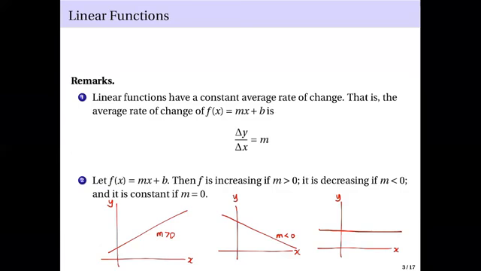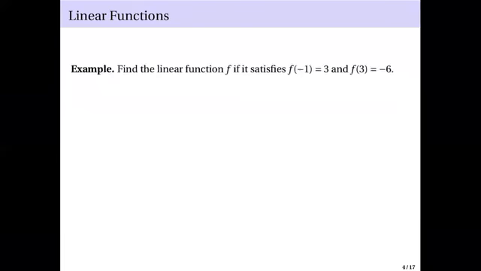So let's work on some examples here. Find the linear function f if it satisfies f of -1 equals 3 and f of 3 equals -6. To do this, we have the following. We know that since this is a linear function, your f of x must be of the form mx plus b.